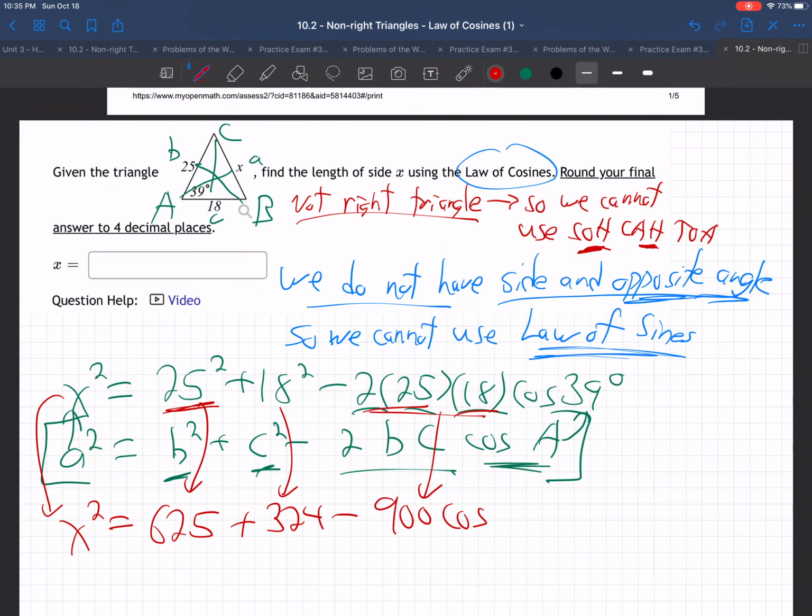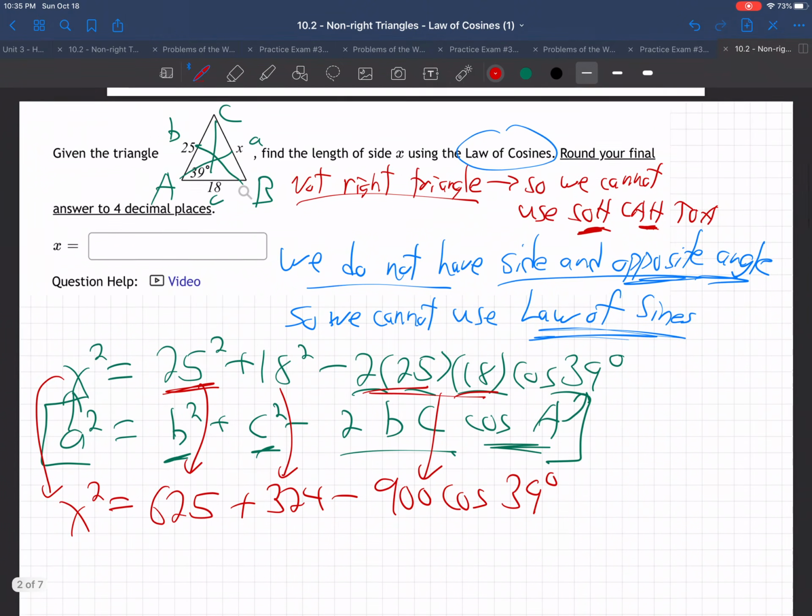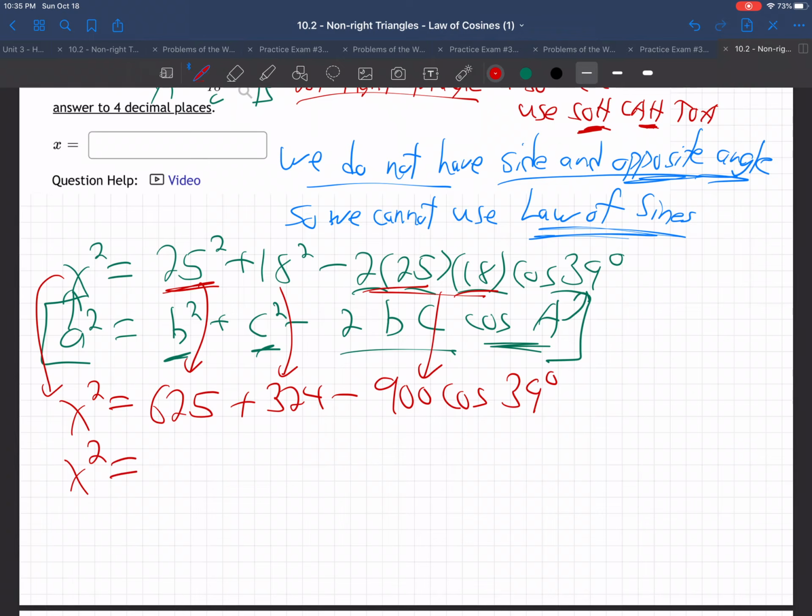Cosine, this is all 900 cosine 39 degrees. So that means x squared is, I'm going to figure out, make sure you're in degree mode when you use your calculator, because this is degrees, right? Degree mode, not radian mode on your calculator.